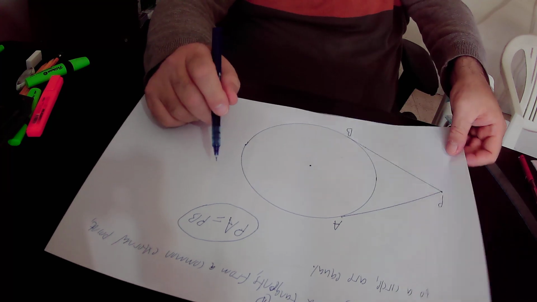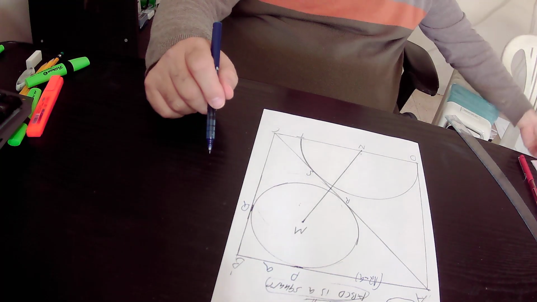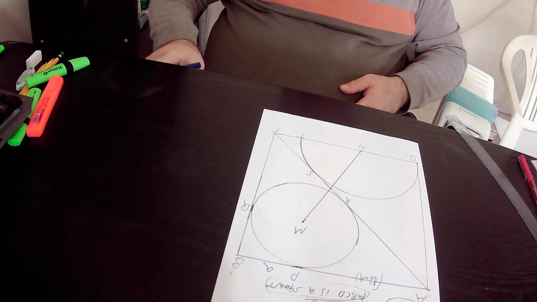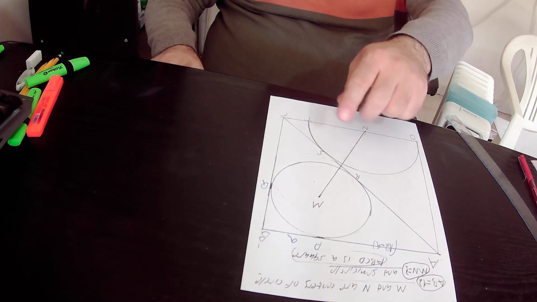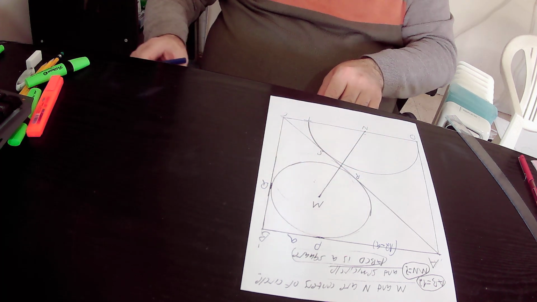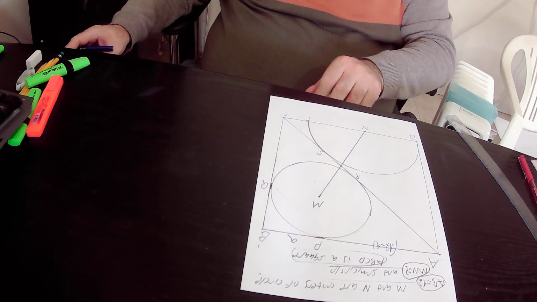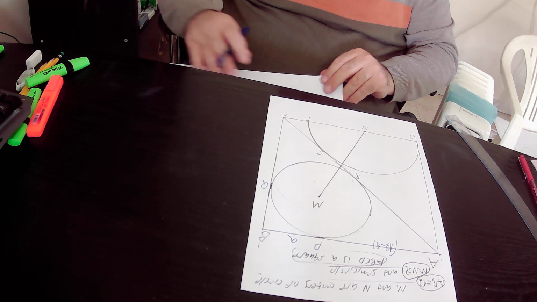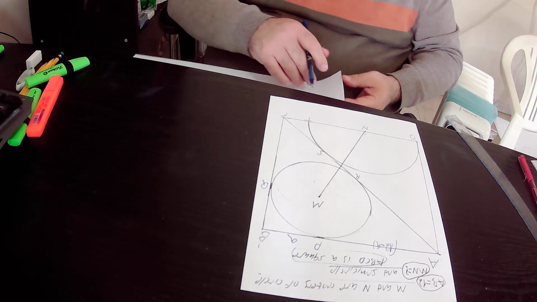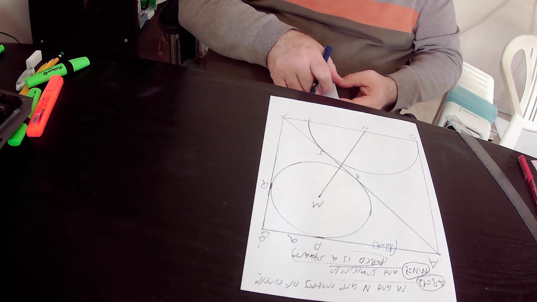So we can implement rule number 1 in our drawing, because in our drawing we have the common external point B. From the common external point B, we have two tangents to this circle.